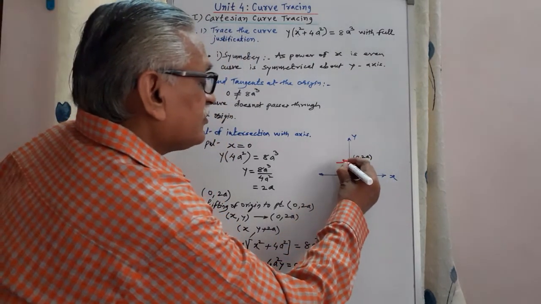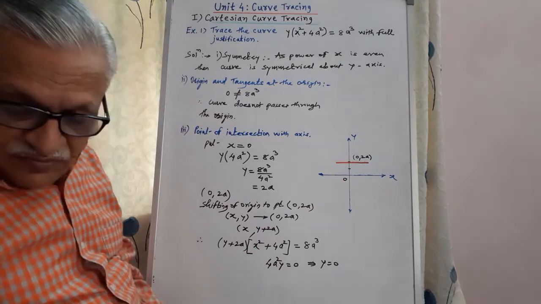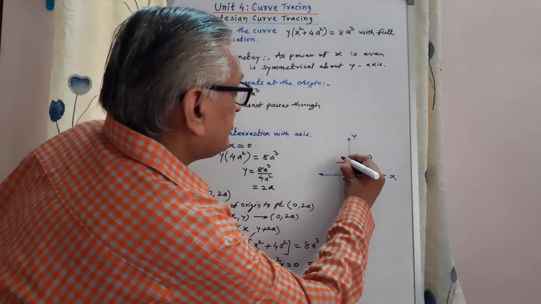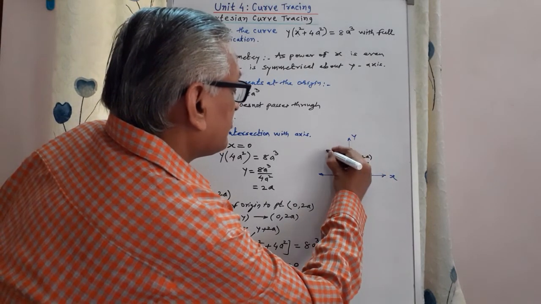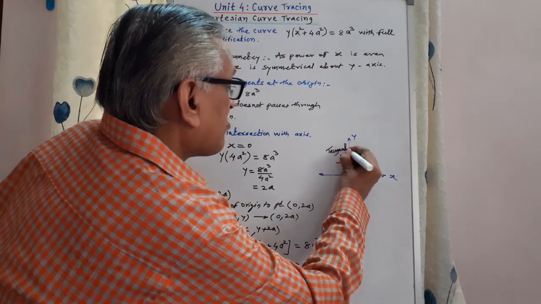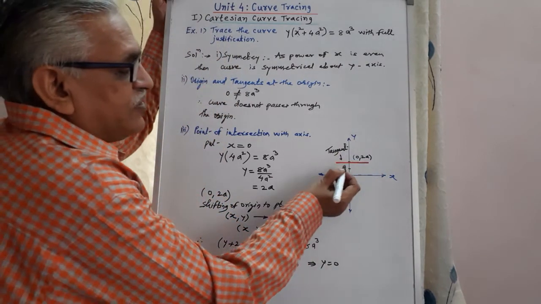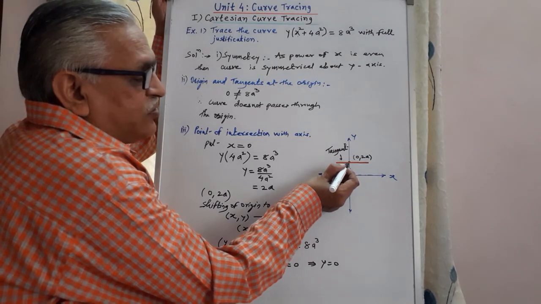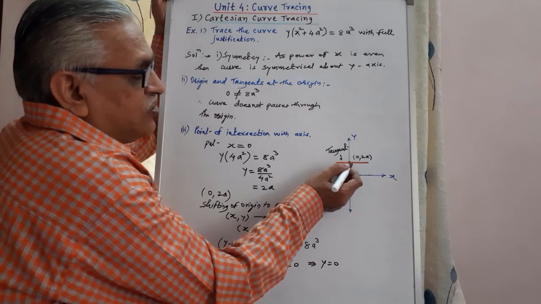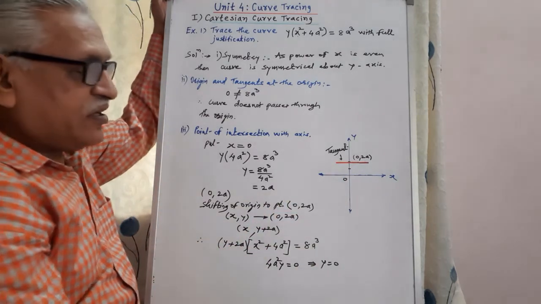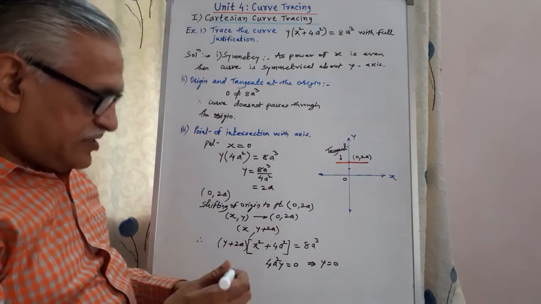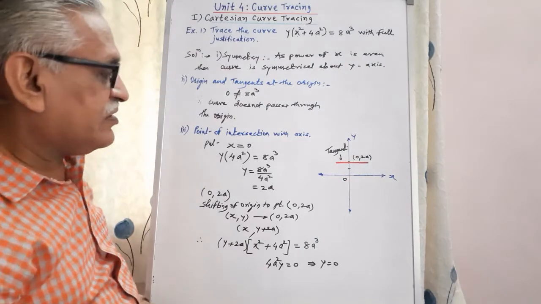This line is the tangent at this point, tangent means single point of contact, and as this line is tangent, whatever the shape we have to draw, it must be slightly parabolic, whether it is below this line or above this line, that we will check in the last point, origin.